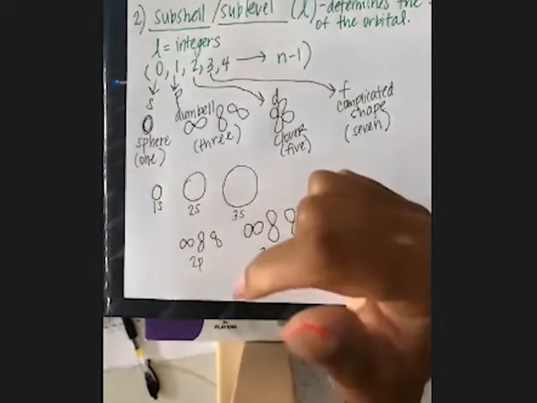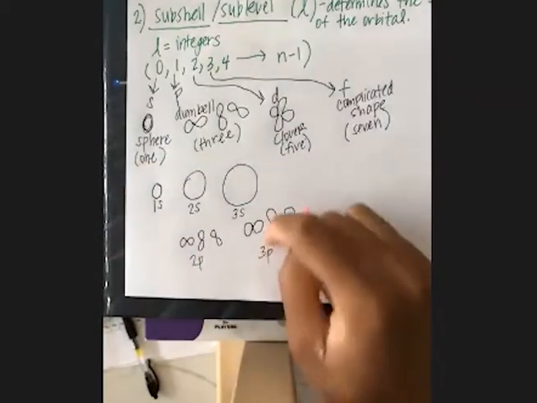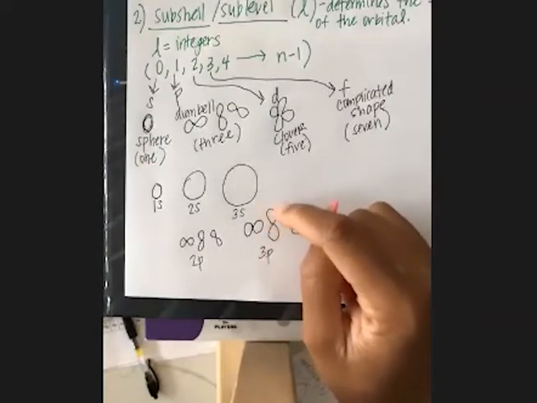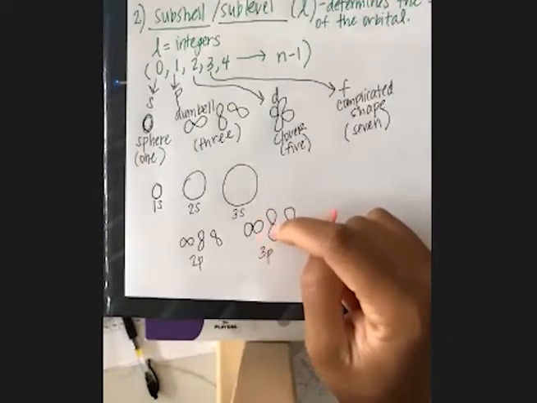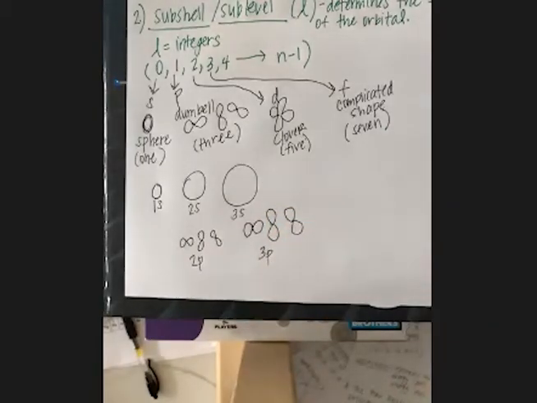Versus if I say my electron is in the 3p, this is also around the nucleus, but we can find it in here. And I'll show you guys images of this to make it a little bit more clear. Like I said, it ends up involving higher level math.